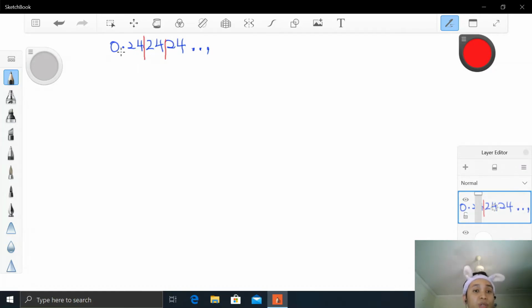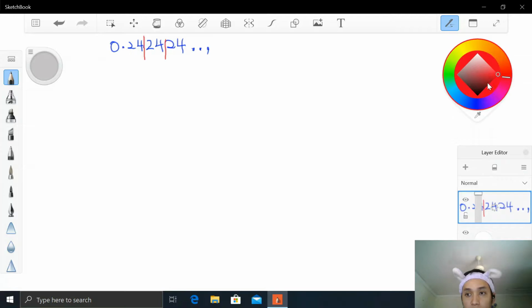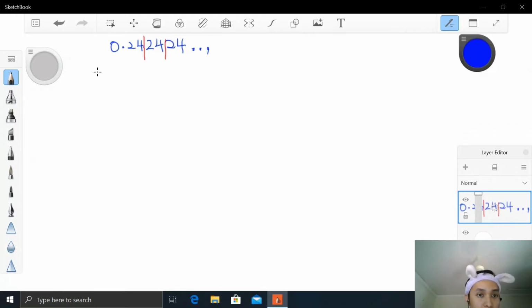So what you're going to do is shift the decimal point past the first repeating block, so you multiply by 100. Let's assume a is equal to 0.242424.